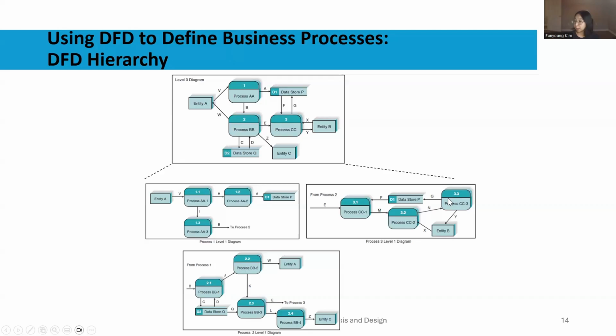So it is balancing. And the point is that all of the child diagram levels should fully make up the higher process.